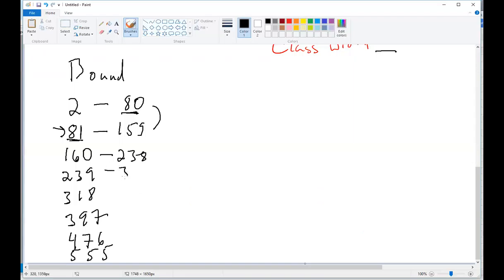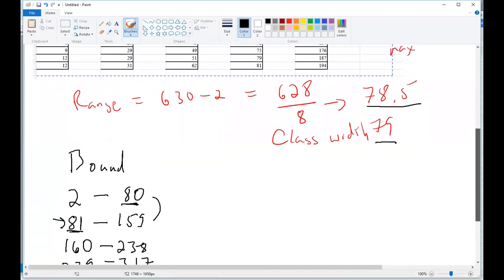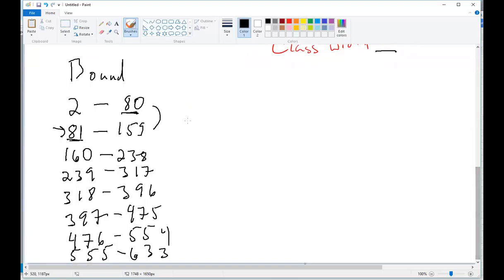Then 317, and 396, and 475, and 554, sorry. And one last one, 633. Now, hopefully that contains the maximum number. The biggest was 630, so we're good. We've got everything caught in here.